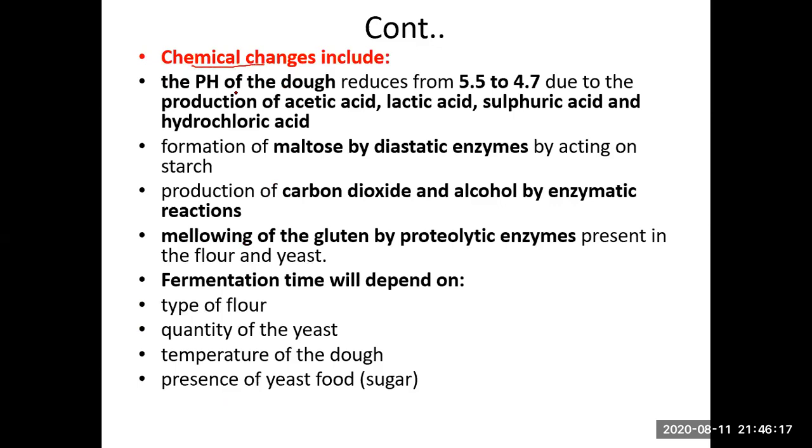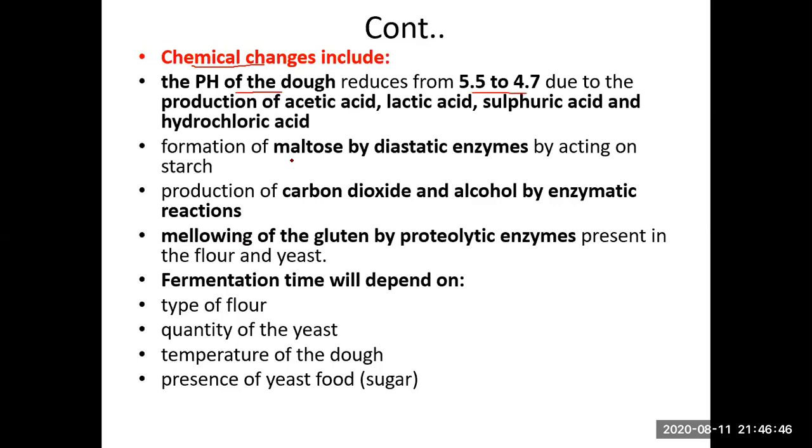Second are our chemical changes. The pH of the dough reduces from almost 5 to 5.5 down to 4.7. That means your dough will be acidic due to production of different kinds of acids like acetic, lactic, sulfuric, hydrochloric. Different kinds of chemical reactions happen in your dough, and different kinds of acids are produced in different kinds of dough.